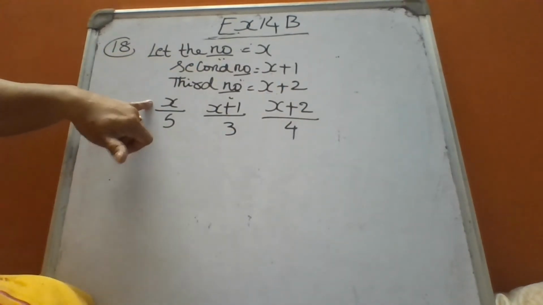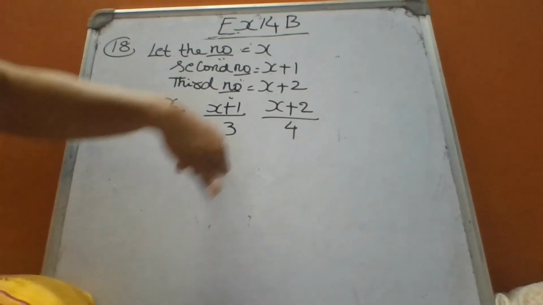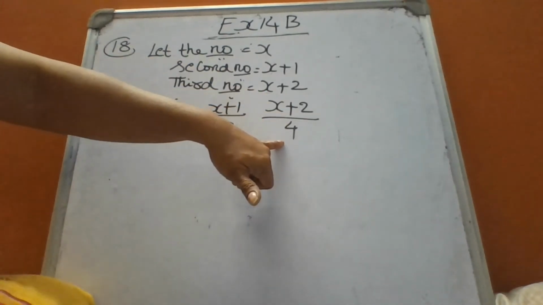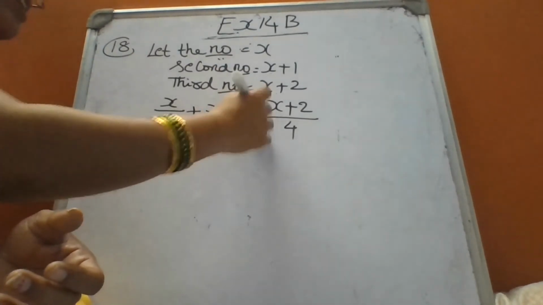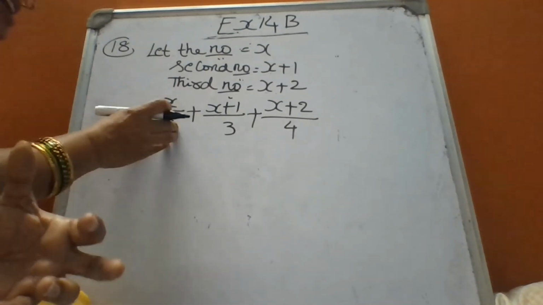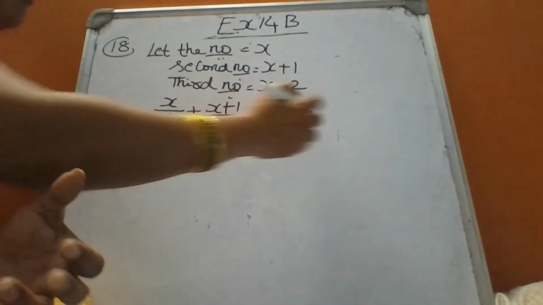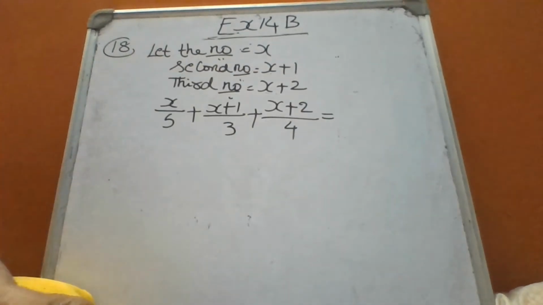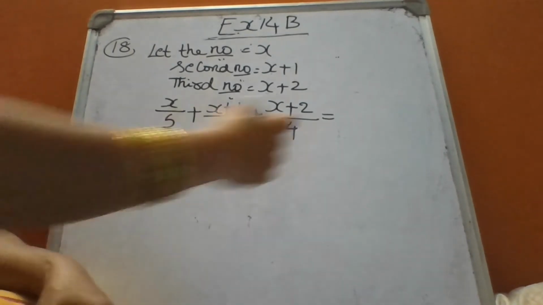If the first number is divided by 5, the second number is divided by 3, and the third number is divided by 4, and their sum, the quotient, whenever you are dividing you get the quotient, quotient of all the 3 numbers, their sum will be equal to 40.